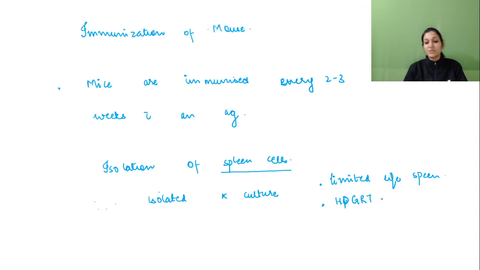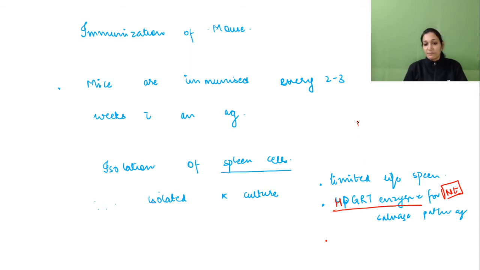So they have HGPRT enzyme for the salvage pathway. Salvage pathway for what? Salvage pathway of nucleotide production. They use the HGPRT enzyme for the salvage pathway of nucleotide production.